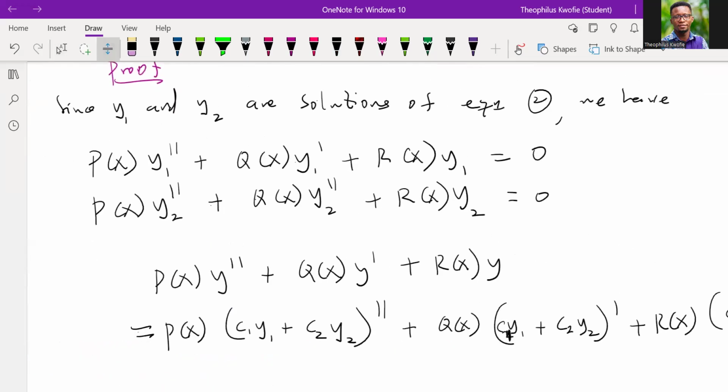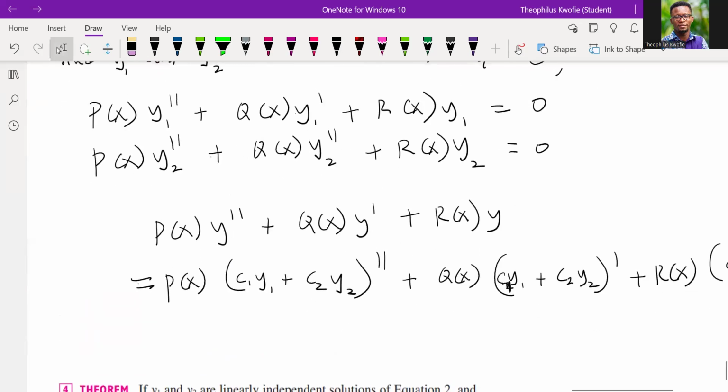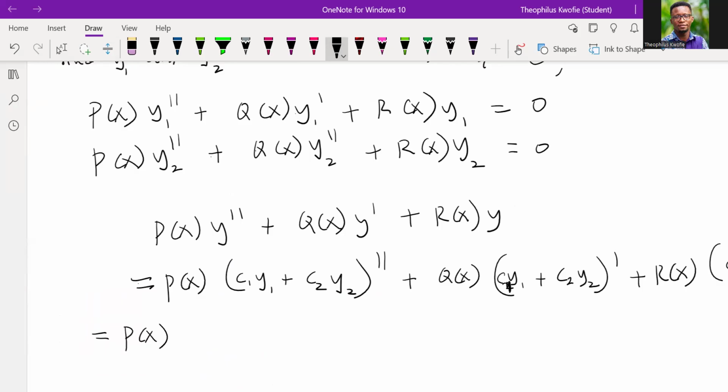Now, what do we do here? By applying the basic rules of differentiation, we should be able to have p of x. Now I'll just run through the prime.